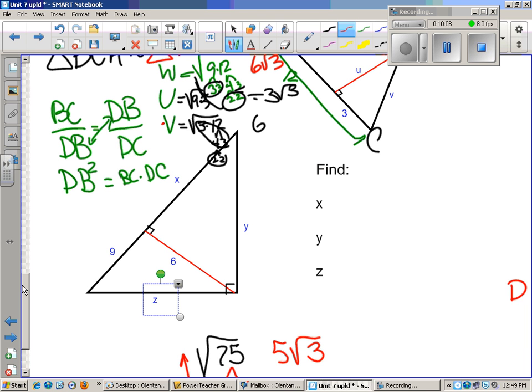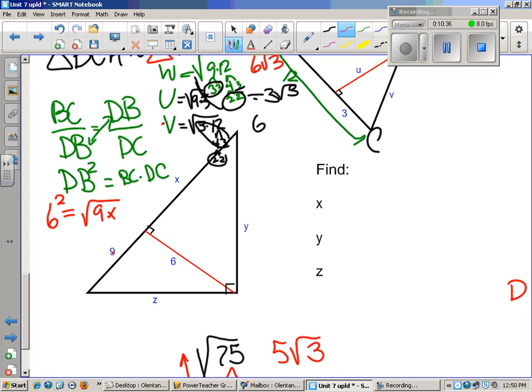So before I can fill out my x, y, z, I'm going to say 6 is equal to the geometric mean of what? 9x, right? The geometric mean of 9 times x. Okay? Now, I can't solve for x when it's under a radical sign, just like I can't solve when it's on the bottom of a fraction. So how do I get rid of that radical sign? Square it, right?